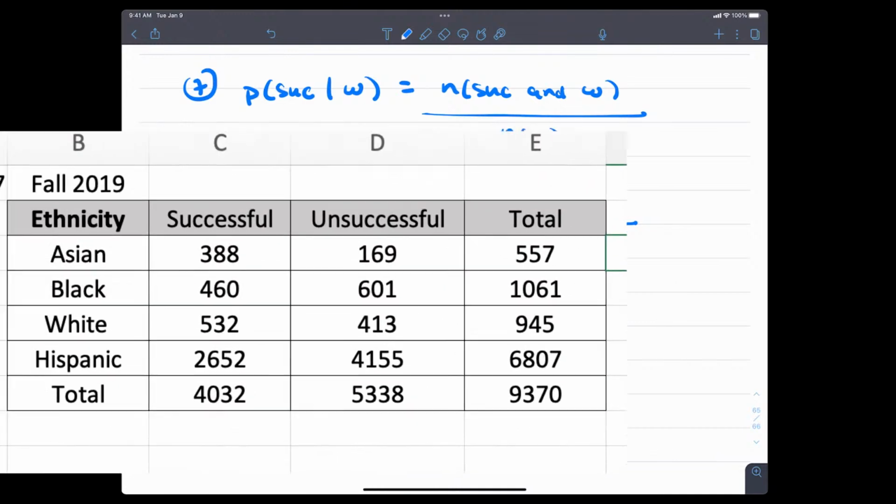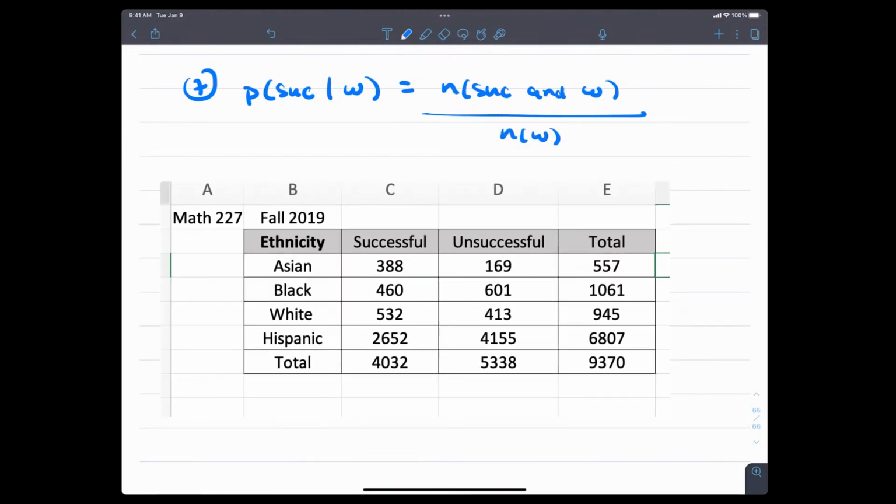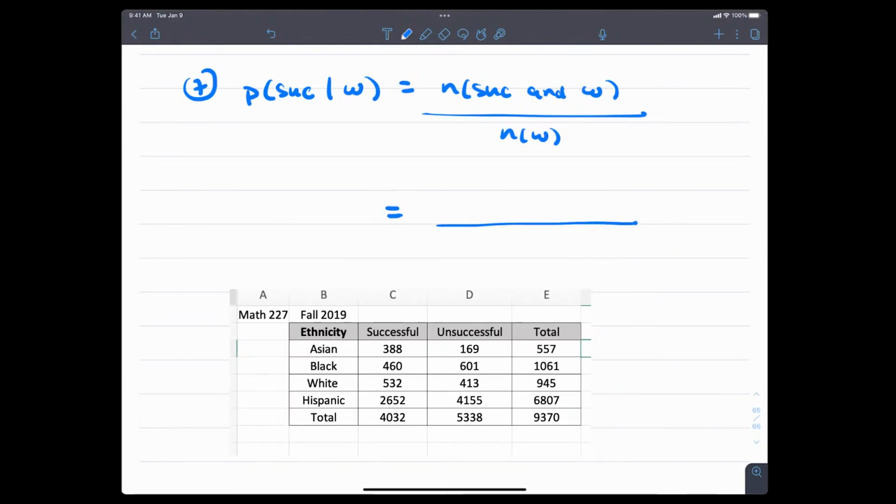Okay. How many white students are here? 945. How many of the white students were successful? 532. So that's going to be 532 out of 945. Is that right?